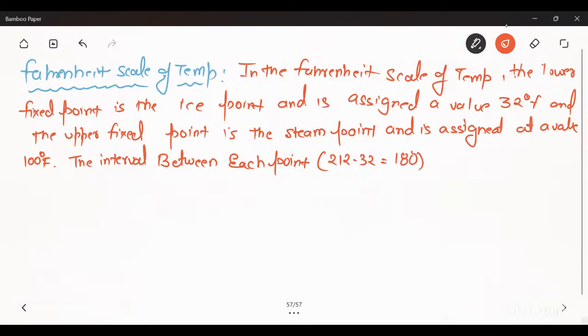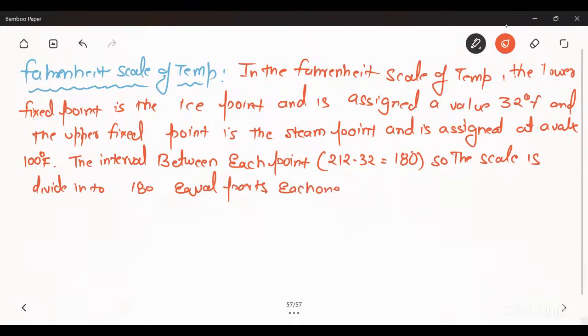So the scale is divided into 180 equal parts, each one corresponding to 1 degree Fahrenheit. Okay, so this is the Fahrenheit scale of temperature.